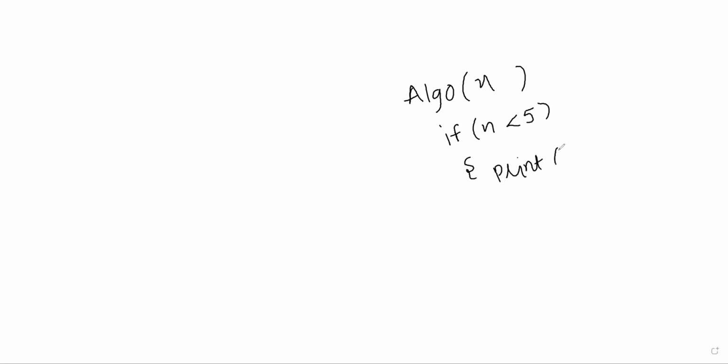So there is one. Now let's try to see a small one. I'm having an algorithm here. Algorithm is nothing but just think of it as a function, or a procedure, whatever it is. So I have an algorithm for n. If n is less than 5, then print the value of n.